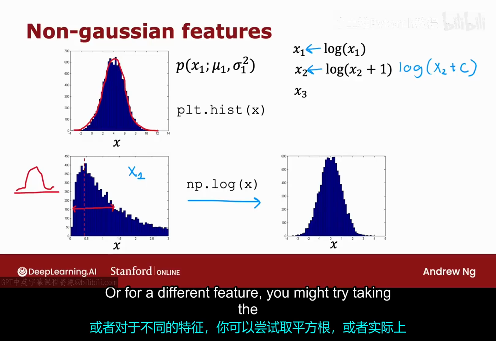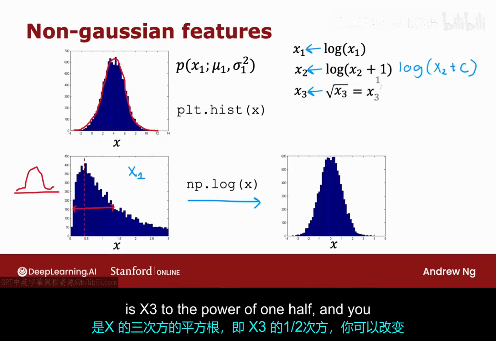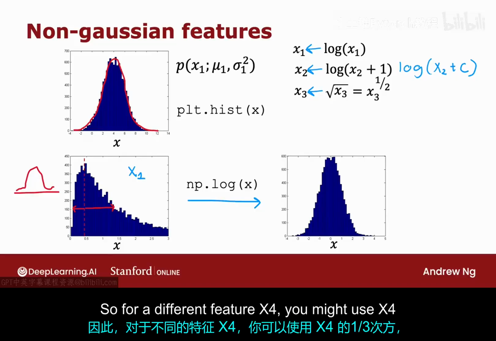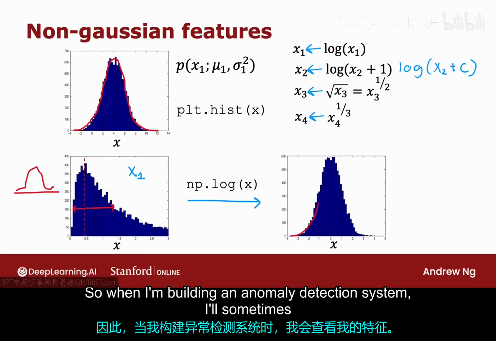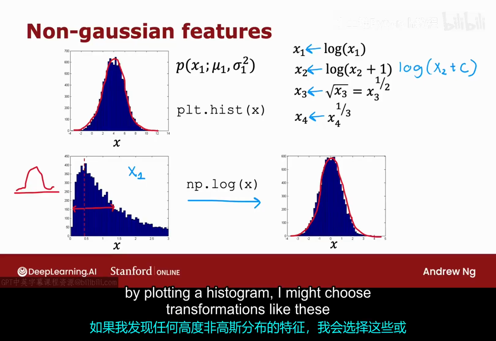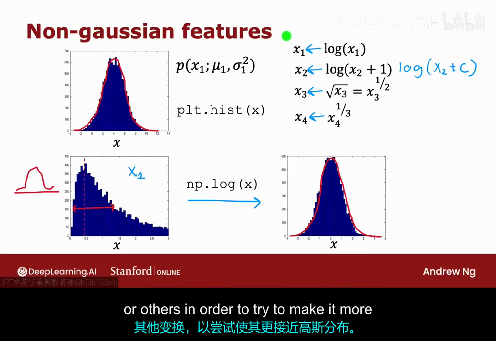Or for a different feature, you might try taking a square root, or really the square root of X3 is X3 to the power of 1/2, and you may change that exponentiation term. So for a different feature X4, you might use X4 to the power of 1/3, for example. So when I'm building an anomaly detection system, I'll sometimes take a look at my features, and if I see any that are highly non-Gaussian by plotting a histogram, I might choose transformations like these or others in order to try to make it more Gaussian.